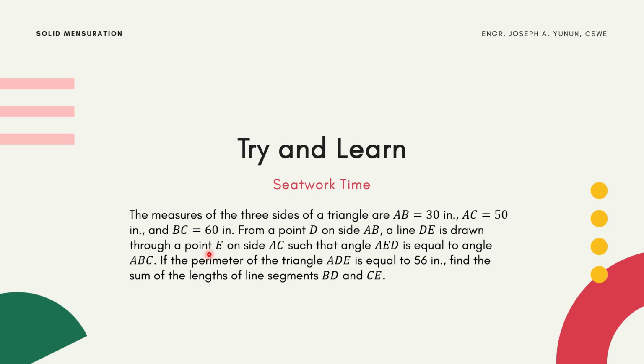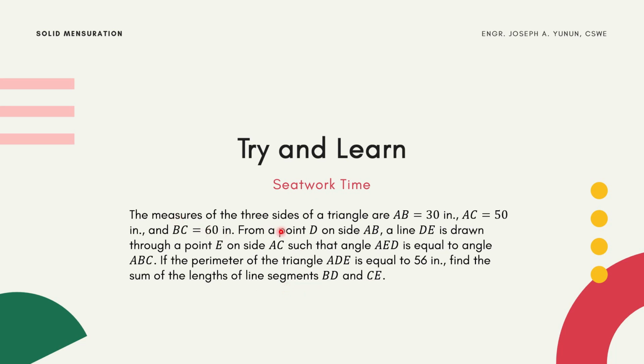drawn through a point E on side AC such that angle AED is equal to angle ABC. If the perimeter of the triangle ADE is equal to 56 inches, find the sum of the lengths of the line segments BD and CE.